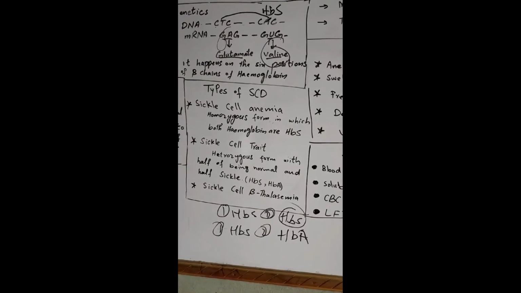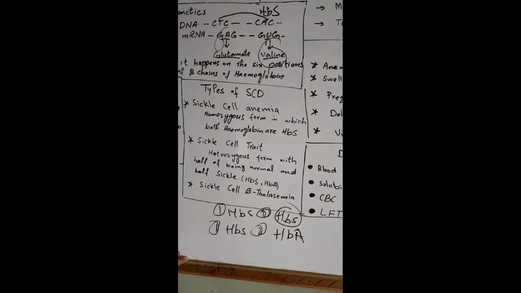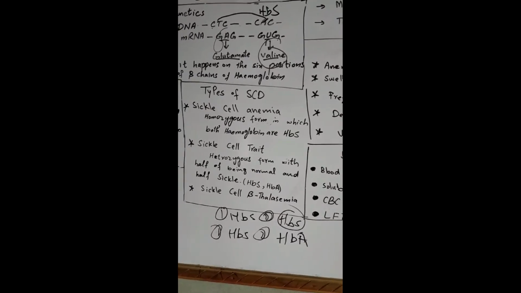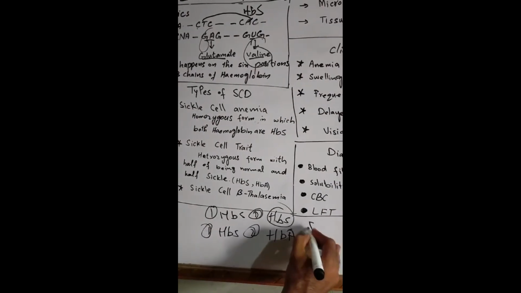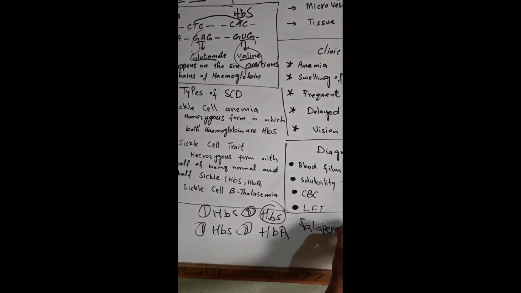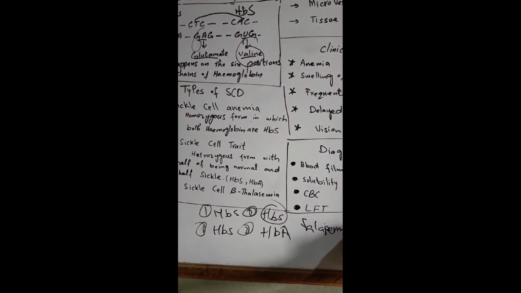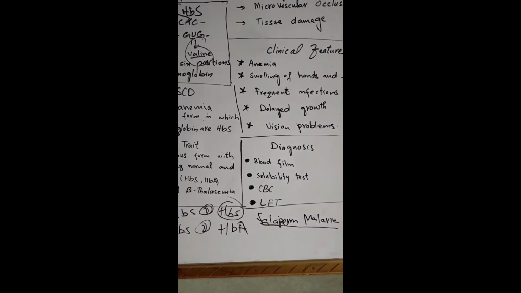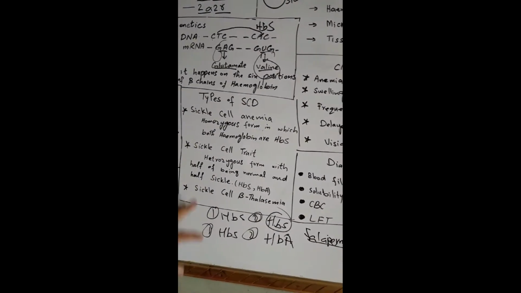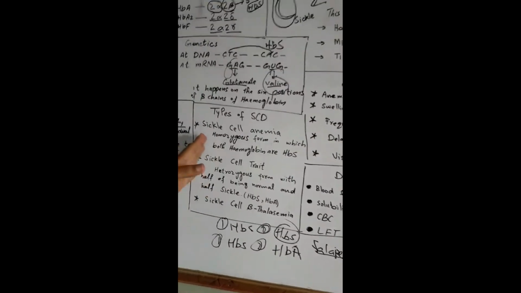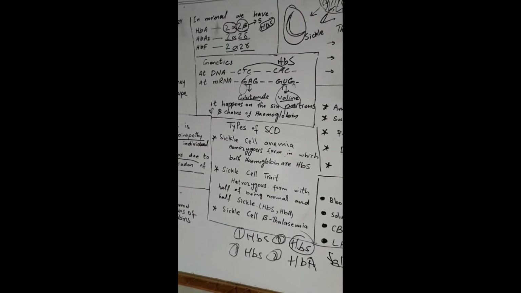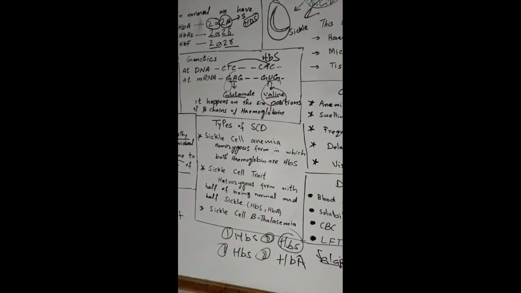There is an interesting thing about sickle cell trait or carrier patients: this person will be protected from falciparum malaria. So we can say in sickle cell anemia, the homozygous form, symptoms will show, and in the heterozygous condition the patient will only be a carrier with no symptoms.